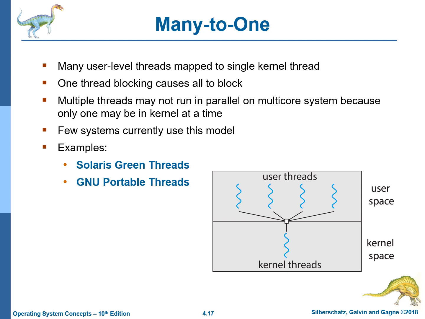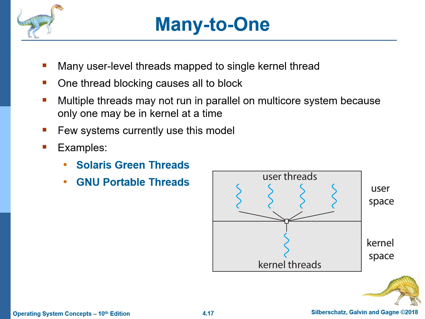However, if a blocking system call is made, then the entire process blocks, even if the other user threads would otherwise be able to continue. Because a single kernel thread can operate only on a single CPU, the many-to-one model does not allow individual processes to be split across multiple CPUs.